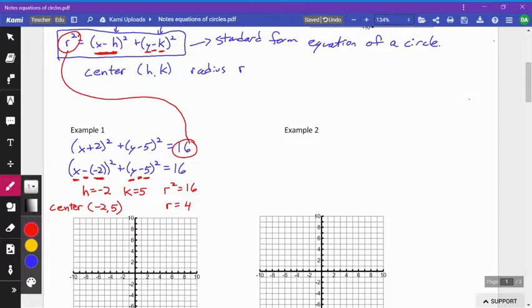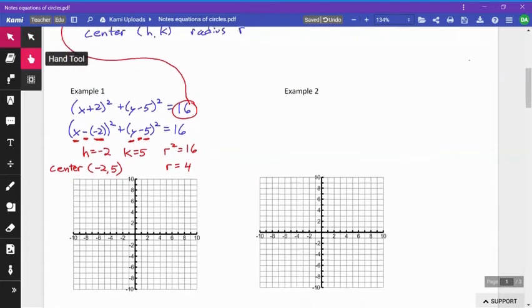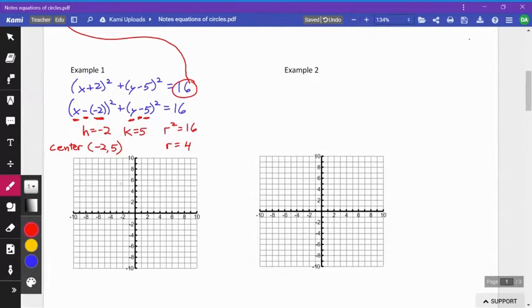So what I have now is everything in order to graph this circle. So I can graph the circle, negative 2, 5. So here is negative 2, 5. There is the center. I know the radius is 4, so 1, 2, 3, 4, and then 1, 2, 3, 4.